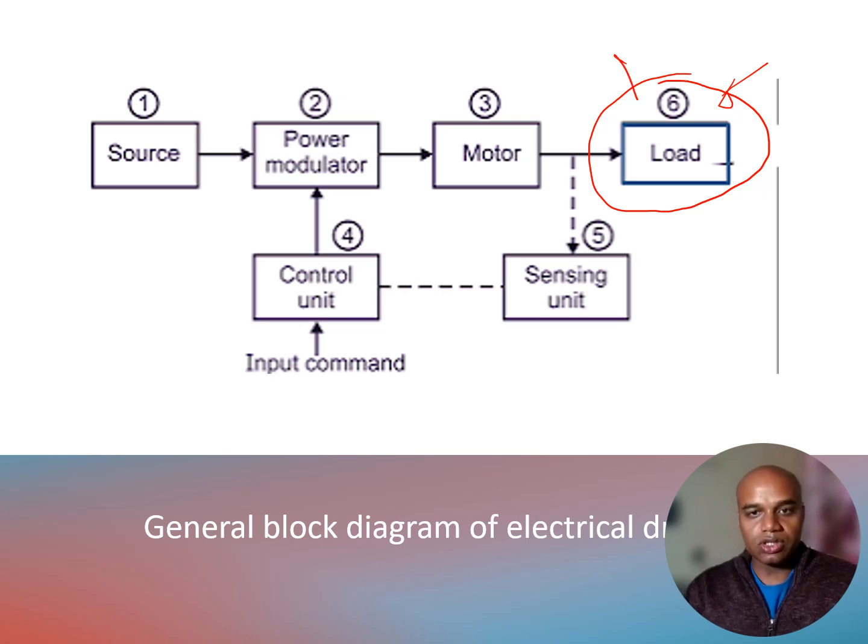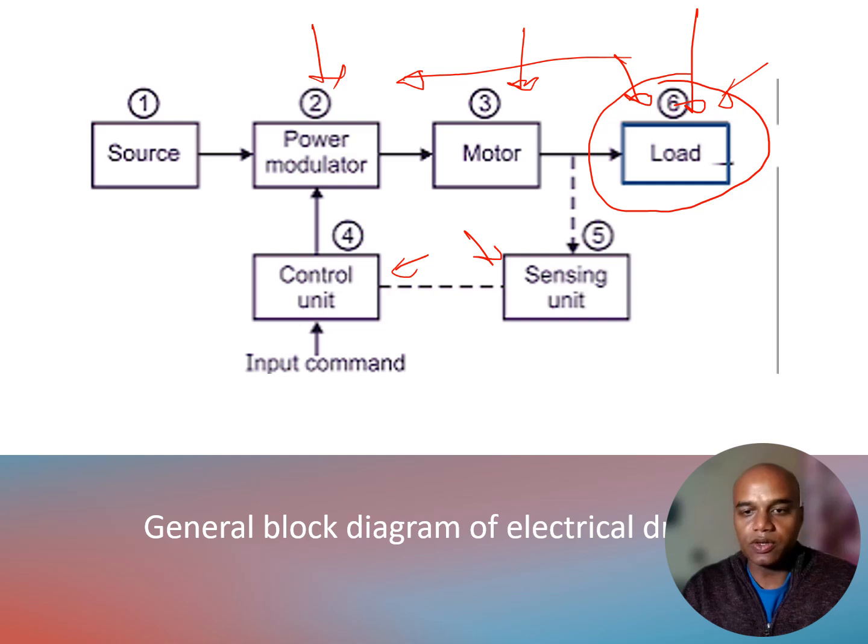Based on this load profile, we need to select the best appropriate motor, and based on the selected motor we need to implement all the control strategy, having the power modulator, the control unit, and the sensing unit. So first of all, we need to analyze the load profile, then only the rest of the things we need to take care of.